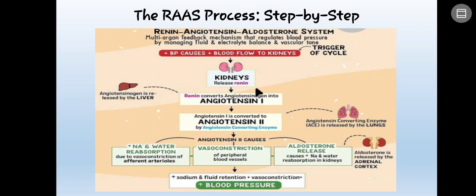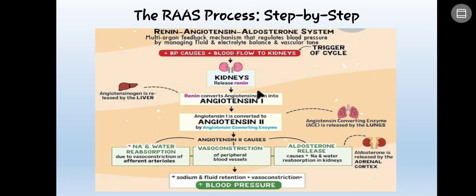Once renin is not released, angiotensinogen will not be converted into angiotensin 1. Is that okay? Good. And if angiotensinogen is not converted into angiotensin 1, vasoconstriction will not occur, and aldosterone release will not occur. So in effect, sodium and water retention will not occur, and therefore blood pressure would be normalized or well controlled.